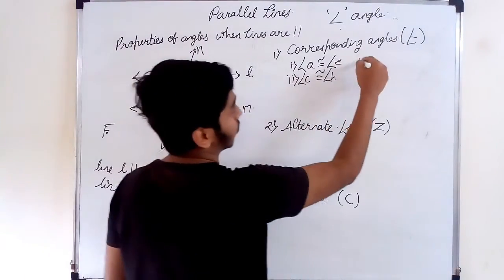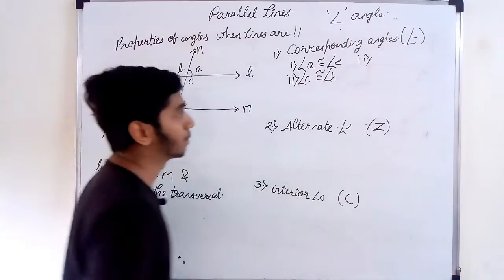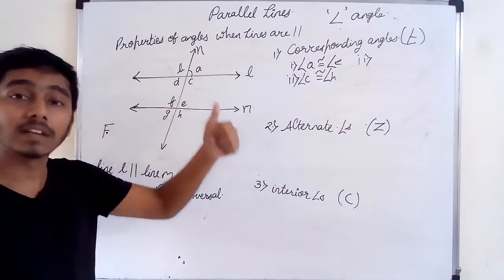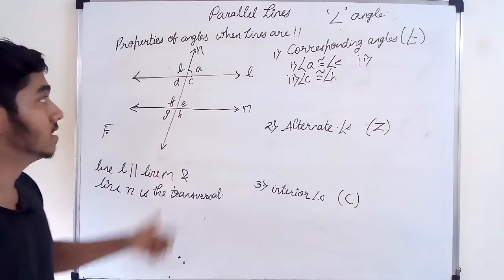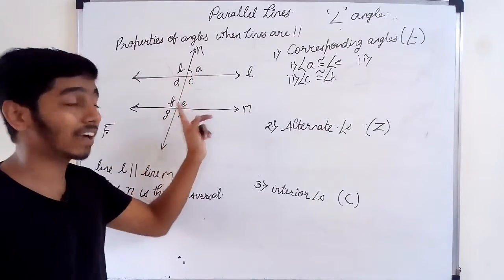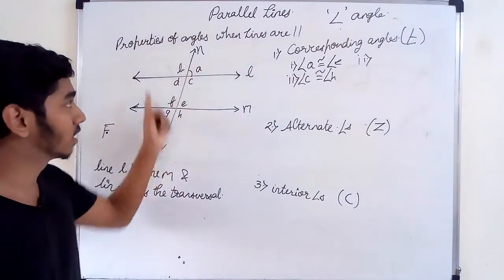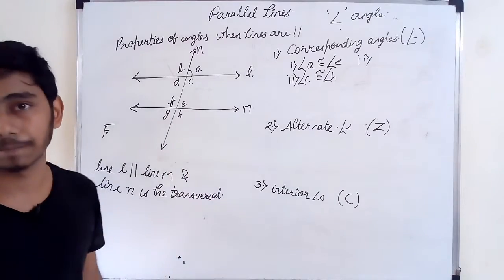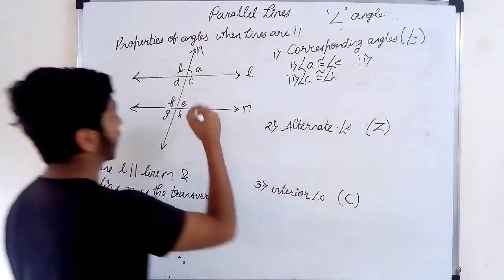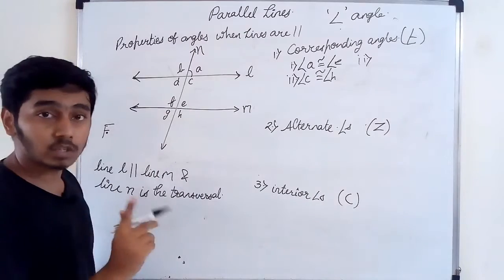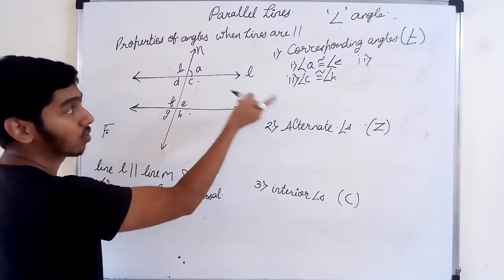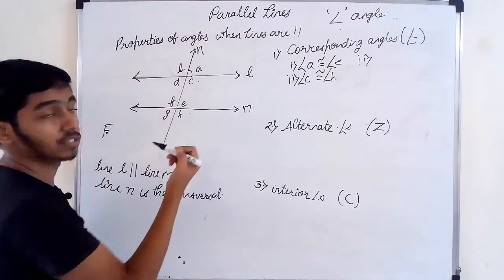Okay, let's see further. Now one condition exists: if one of the corresponding angles is congruent, then all the corresponding angles are congruent. That is, if angle A and E are congruent, then C and H are congruent, B and F are congruent.